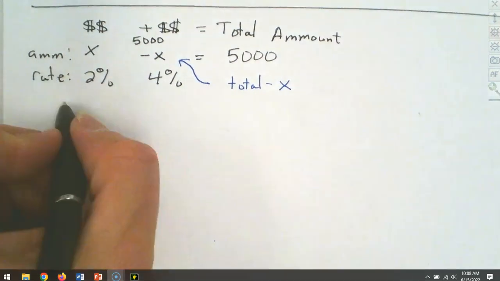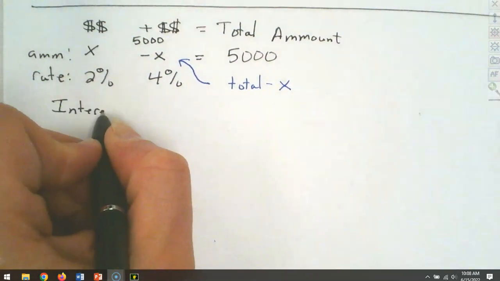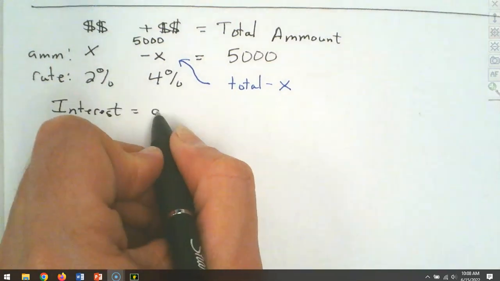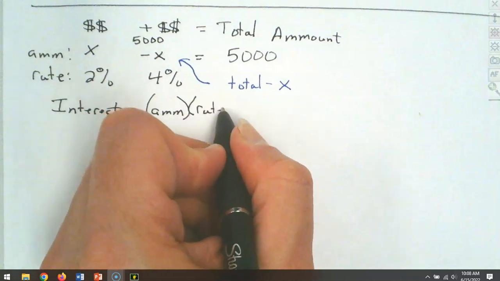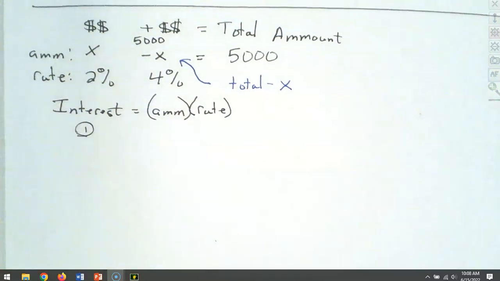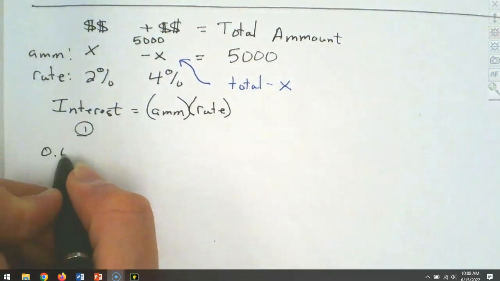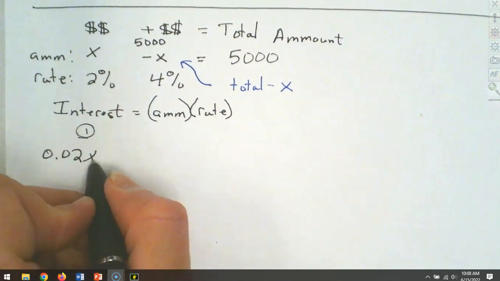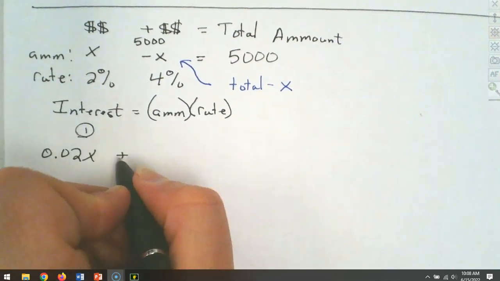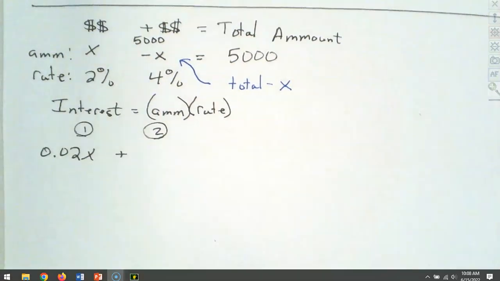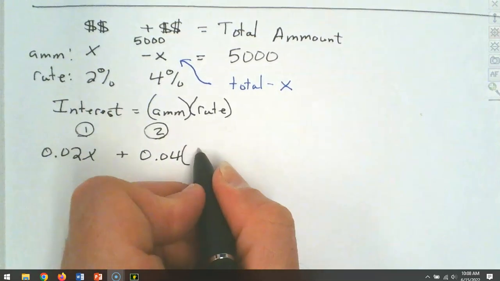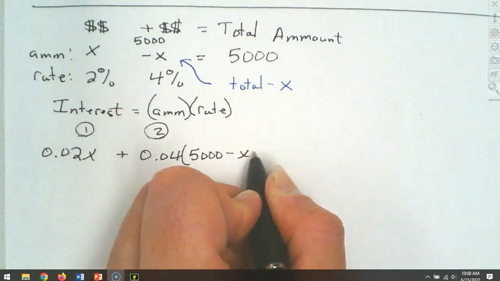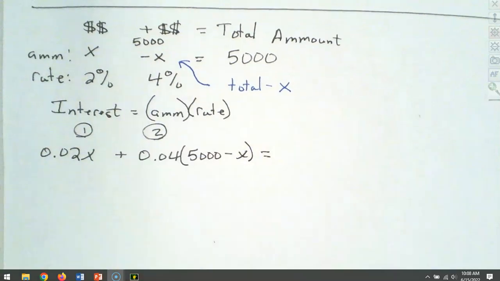Now we build our equation with the interest, and that is the amount times the rate. And what do we have so far? We have a rate of 2%, so 2% would be 0.02. Amount is X. Add to that 0.04 for the interest rate, and the amount is 5,000 minus X. And then what does it equal?